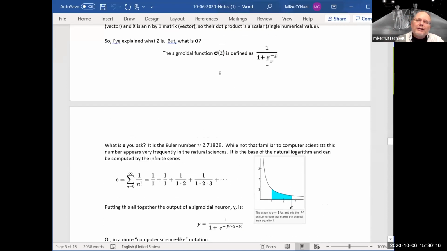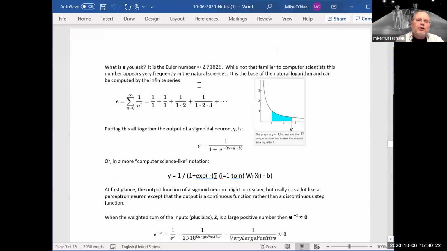So what is E? Well, E is a constant. That constant can be computed. The number is 2.71828. It's Euler's number. And how can you compute this number that is the base of the natural logarithm?